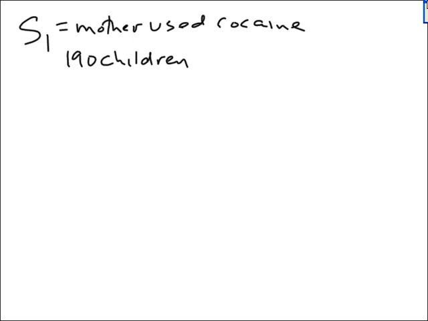And it turns out that the average, so x1 bar, the average of these 190 children, is 7.3. And the standard deviation of this sample, which is little s1, is 3.0.